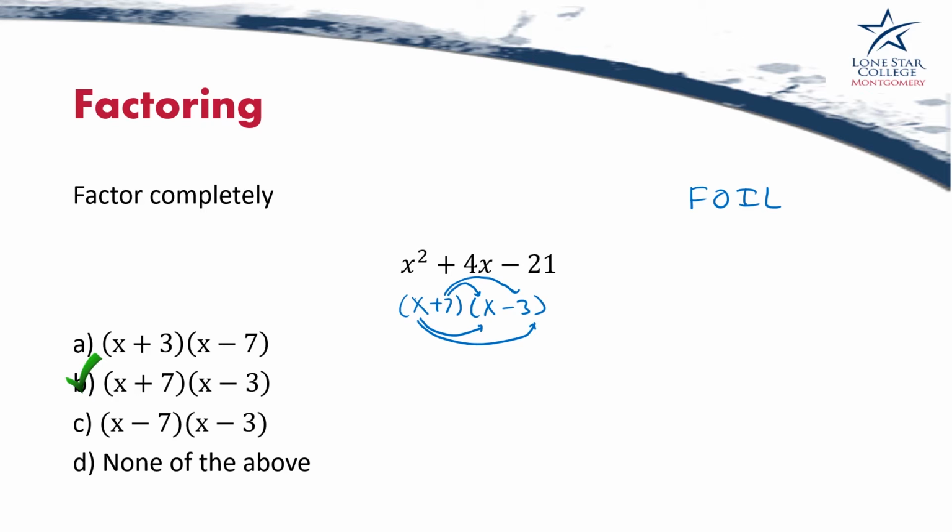So if we multiply, x times x gets us x squared. x times negative 3 is negative 3x. 7 times x is 7x. And 7 times negative 3 is negative 21. If we combine like terms, we get x squared plus 4x minus 21, which is exactly what our original expression was. So you can always check if you factored correctly or not.